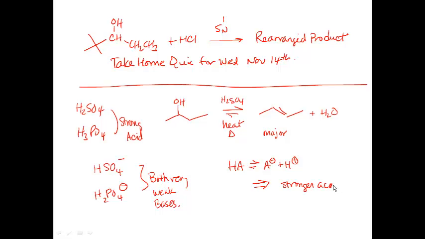And so anything I can do to shift this equilibrium to the right is going to make this acid stronger, which then by definition is going to make this conjugate base weaker.